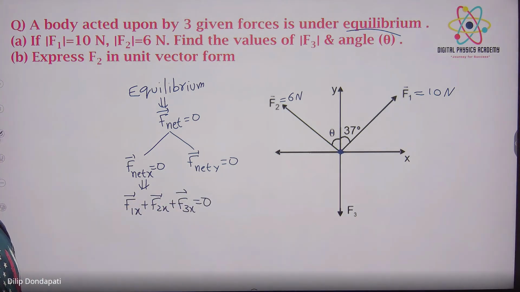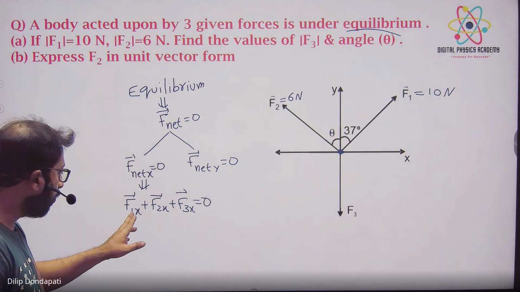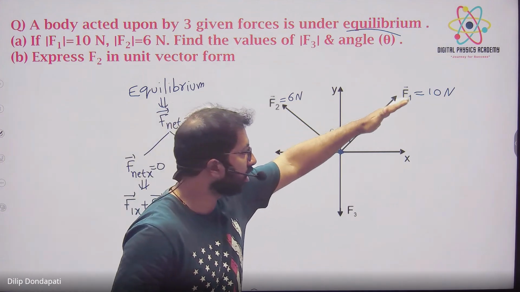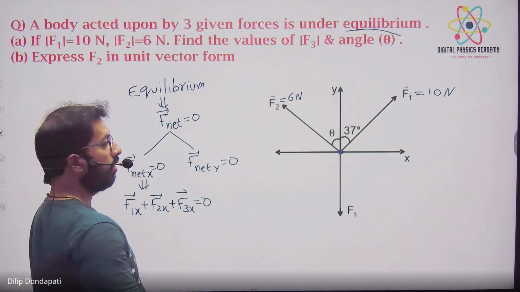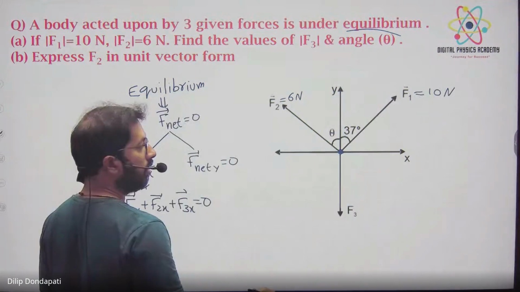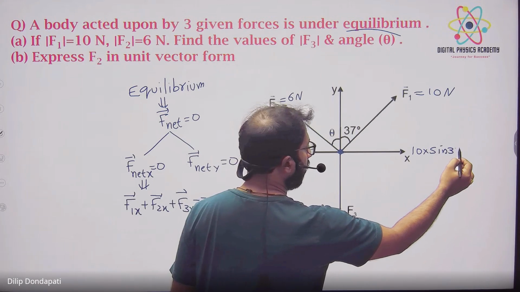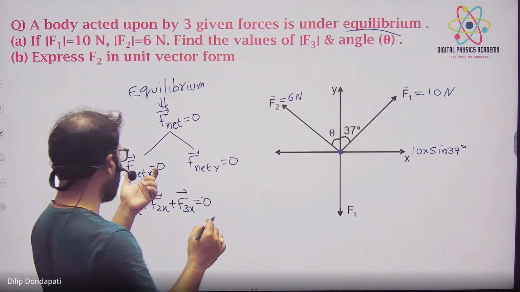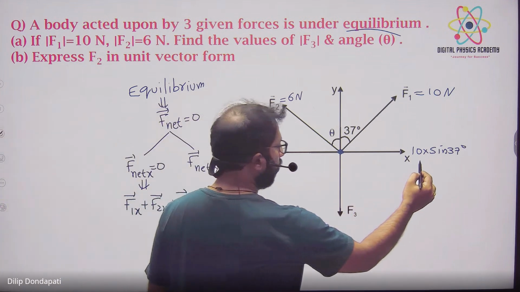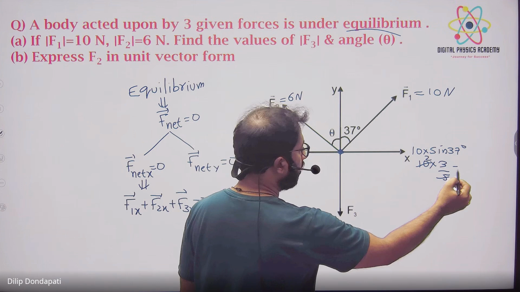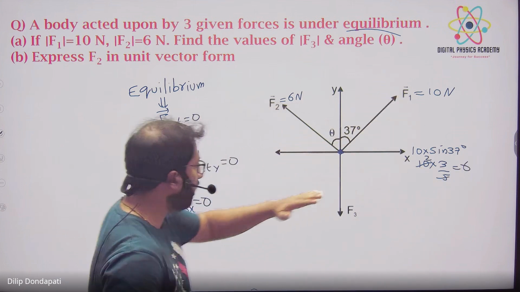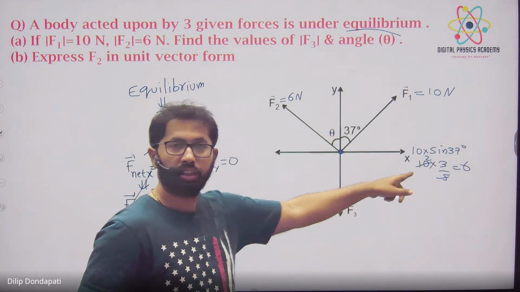Now tell me, x direction में force कितना है? 10 into sin 37. नहीं, i cap मत लगेगा, we are talking about magnitude of force. So 10 into sin 37, which is 3 by 5, so that's 6. मतलब इसका x direction is in positive x direction, so that's why plus 6.